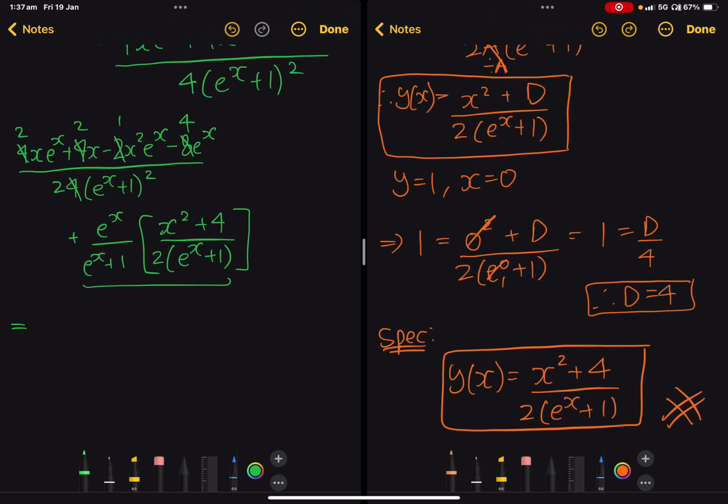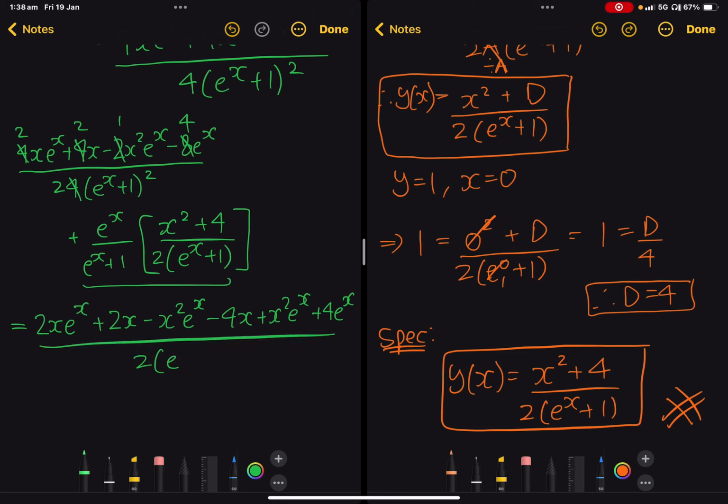So we can put everything over the common denominator. We'll get 2x e^x + 2x - x^2 e^x - 4x, and then we have plus e^x times x^2, so it'll be plus x^2 e^x, and then e^x times 4 will be plus 4e^x. This will all be over 2 times (e^x + 1) all squared.